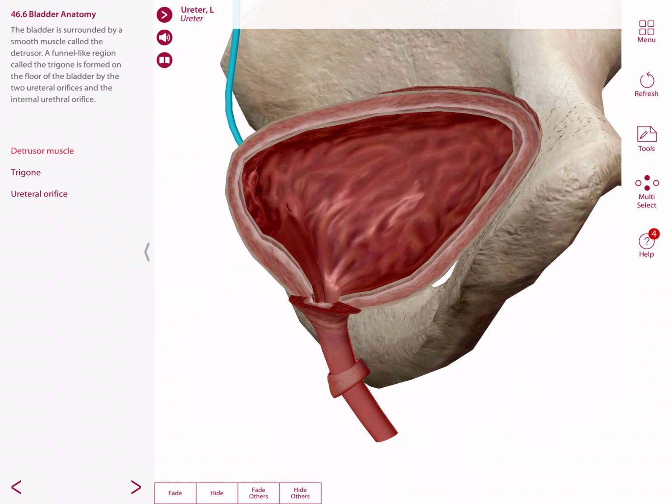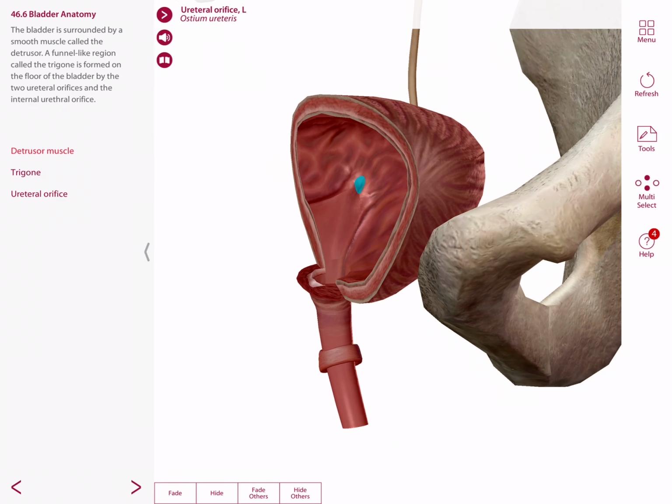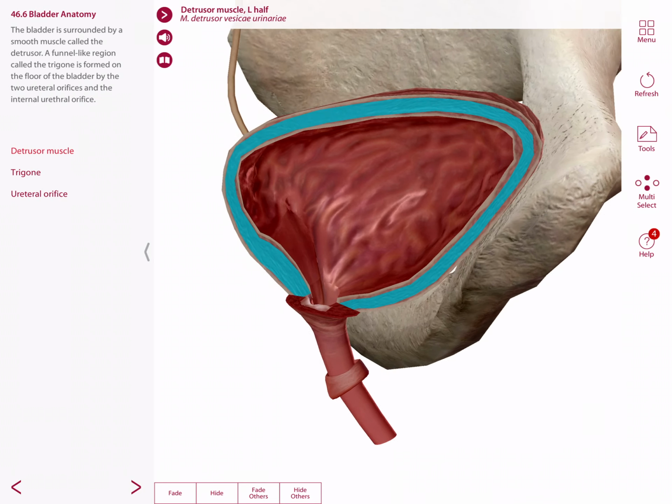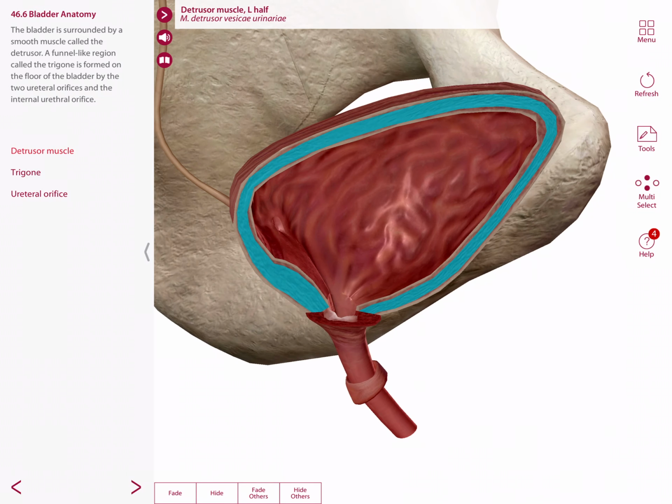So we've got the ureter right there, and then we've got the ureteral orifice. We've got one of those on each side, and then here's the trigone. So then inside of the wall of the bladder, we've got a muscle called the detrusor muscle. This is smooth muscle, and so again, this is not under our control.